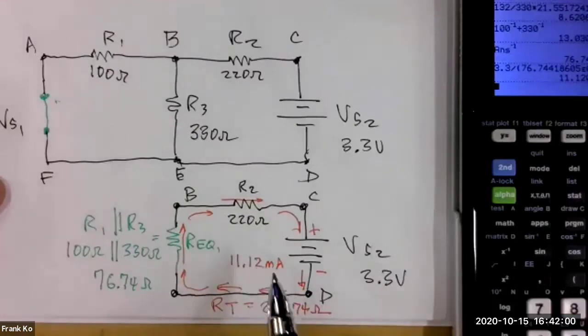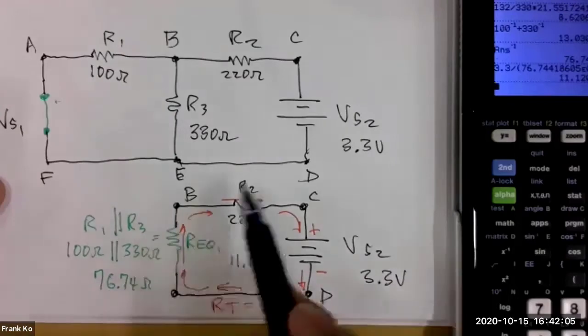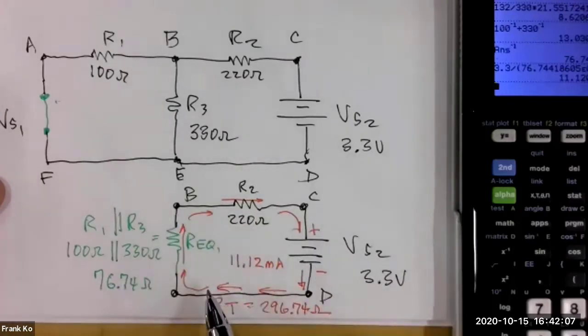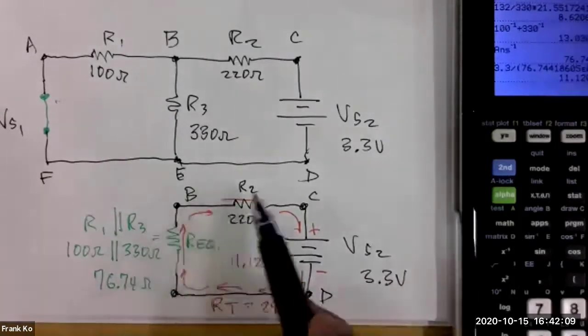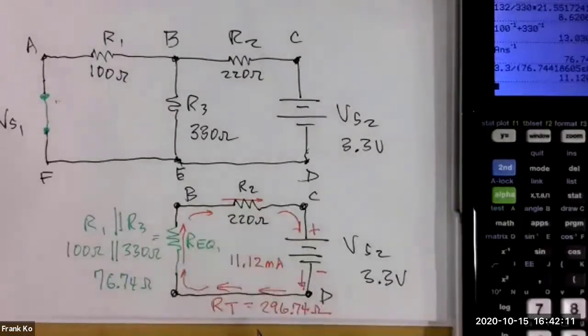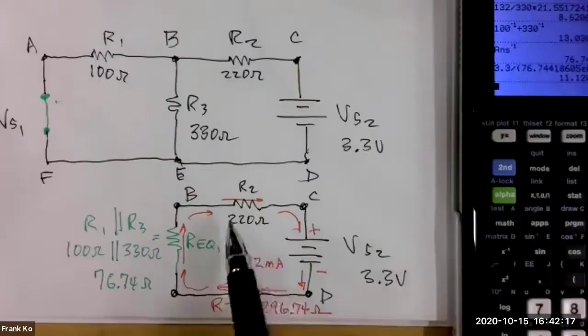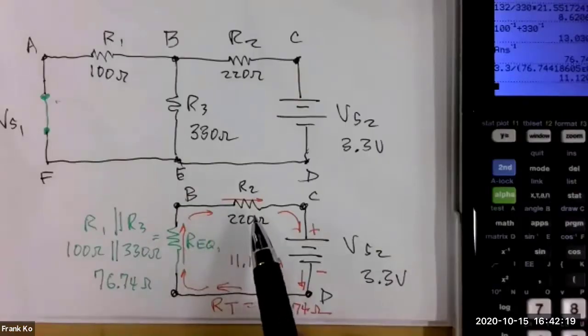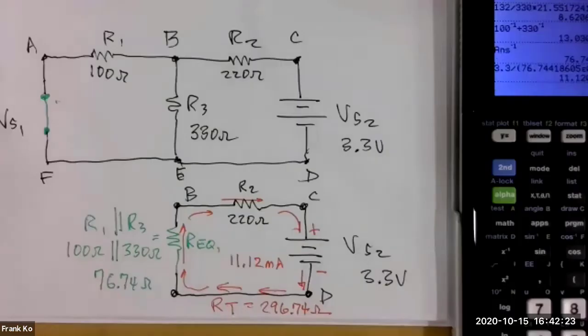Have we also determined a value of current for one of the original circuit resistors and a direction of current for one of those original circuit resistors? Wei Ji? Yeah, IR2. We also determined that. IR2. And the current flows which direction? To the right. To the right.